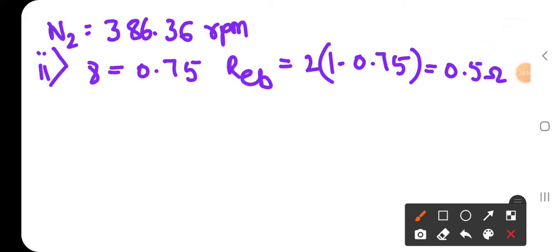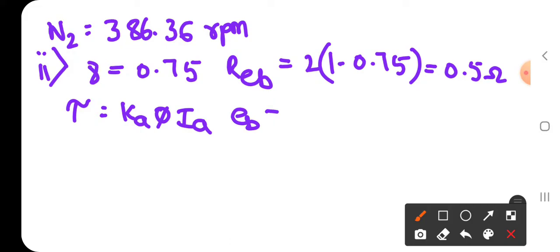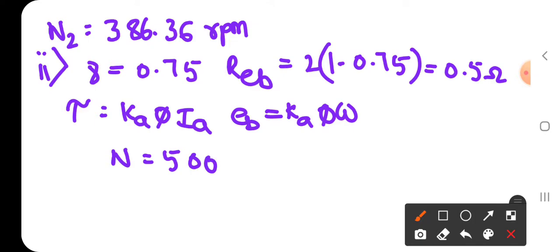Then we have the formulas: torque tau is equal to Ka phi into Ia, and Eb is equal to Ka phi into omega. When speed is equal to 500 rpm, what is omega?